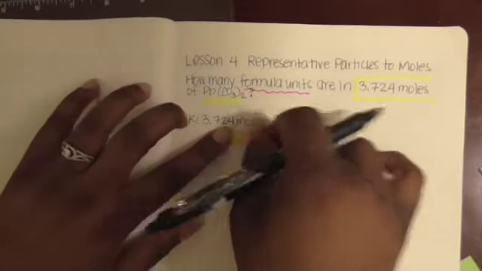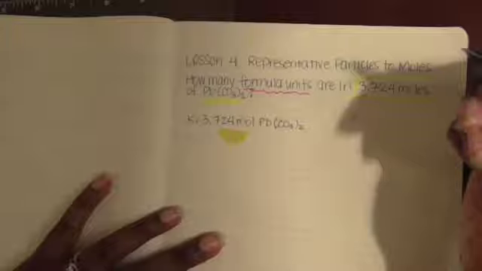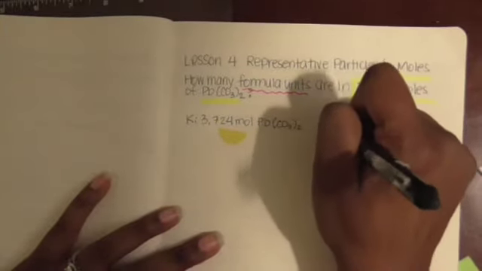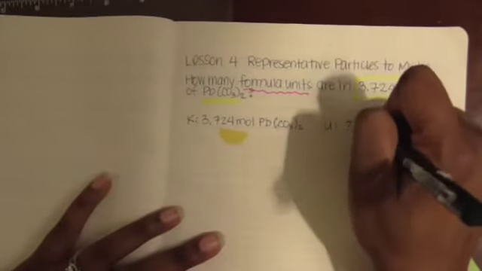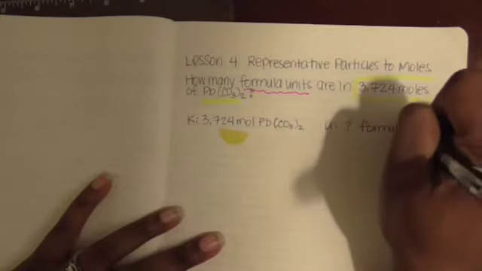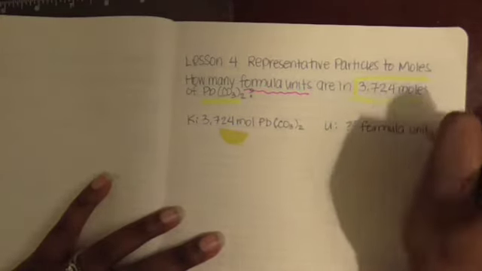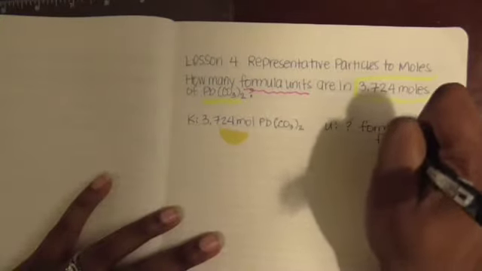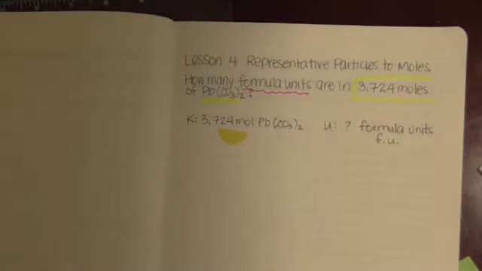And our unknown here is the number of formula units. Sometimes people abbreviate that F.U. As long as you're being appropriate, I really don't have a problem with you doing that.